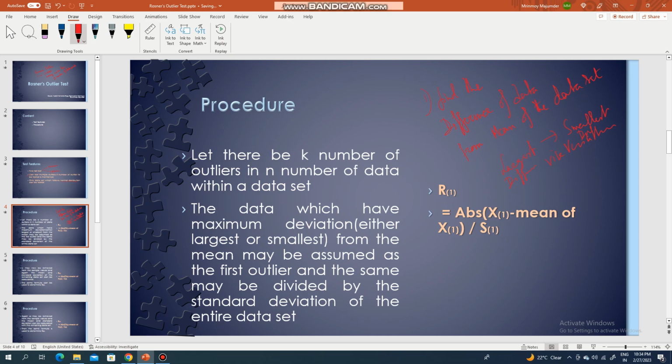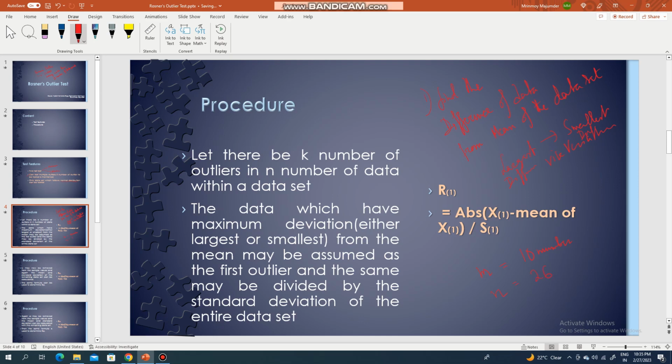After this step, you will assume how many outliers there can be in this data set. So assume that there are 10 outliers. The number of outliers assumed is indicated by m, and the total number of data points is indicated by n.